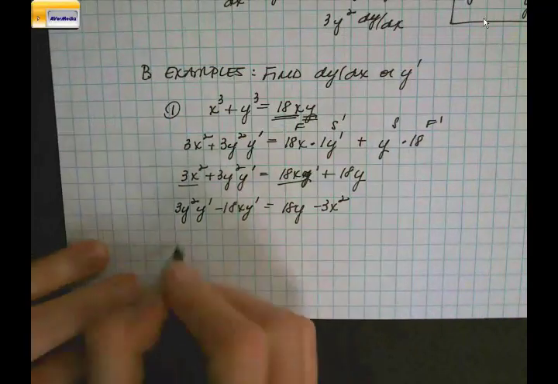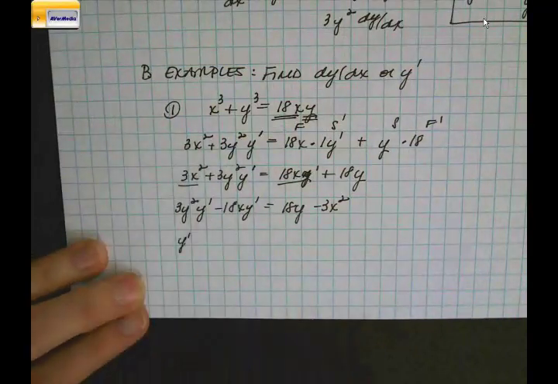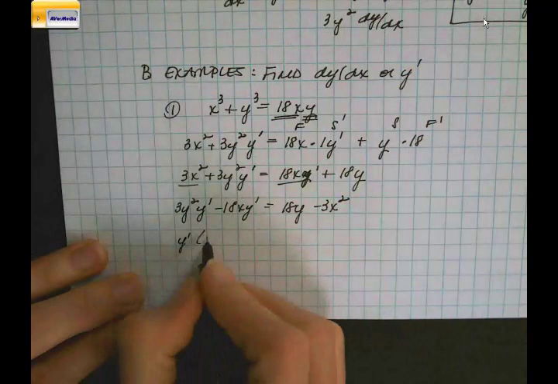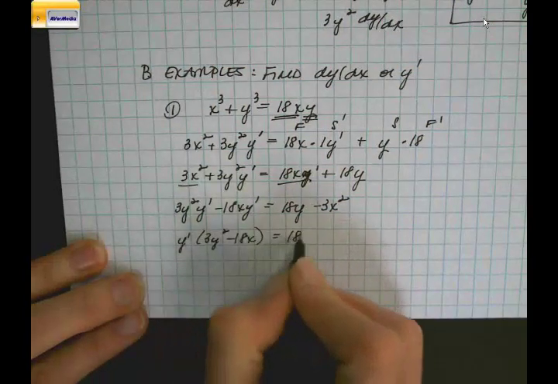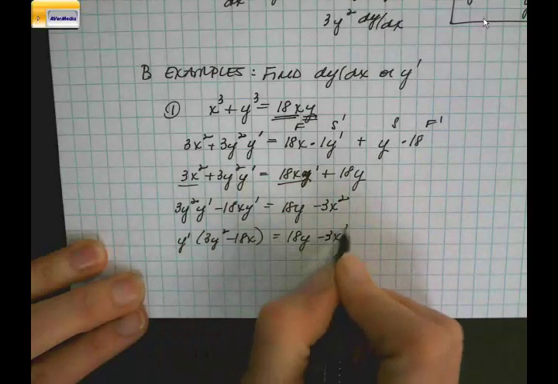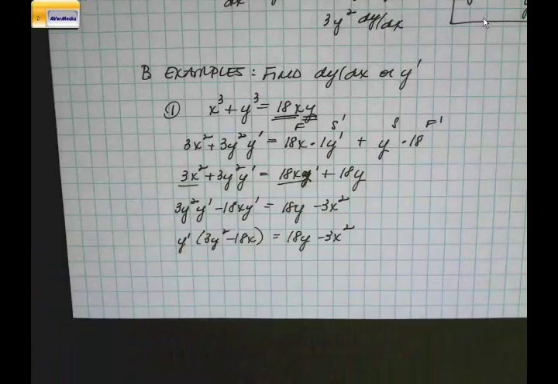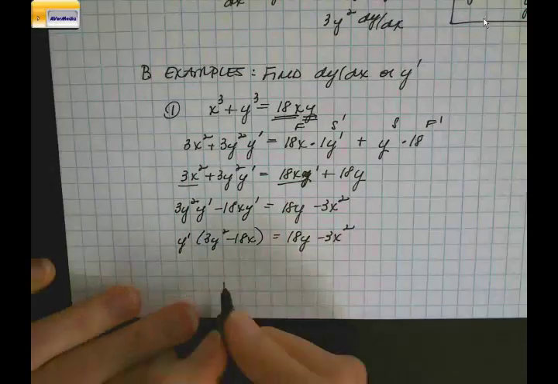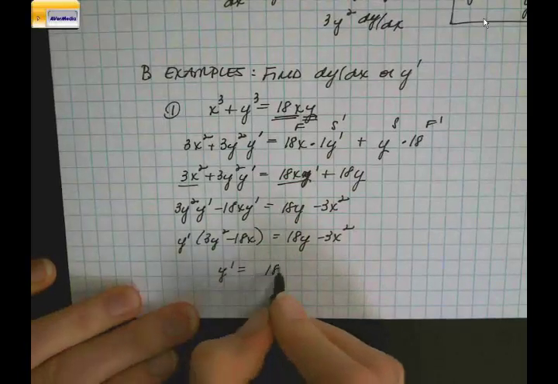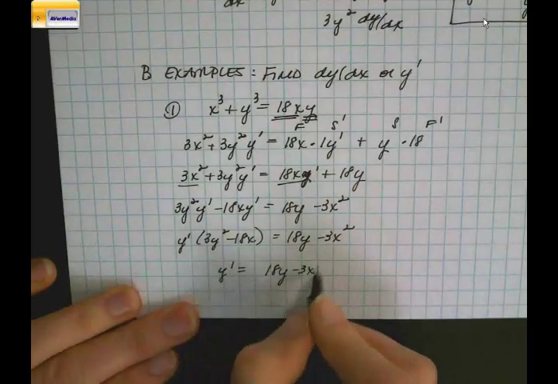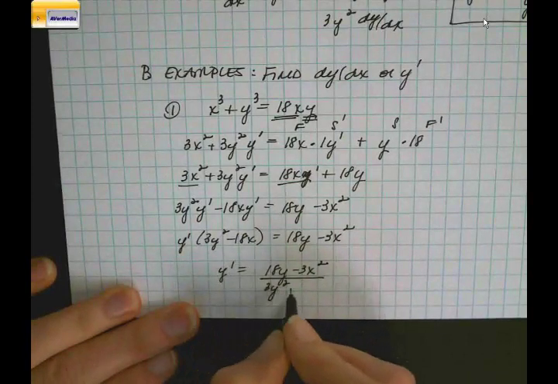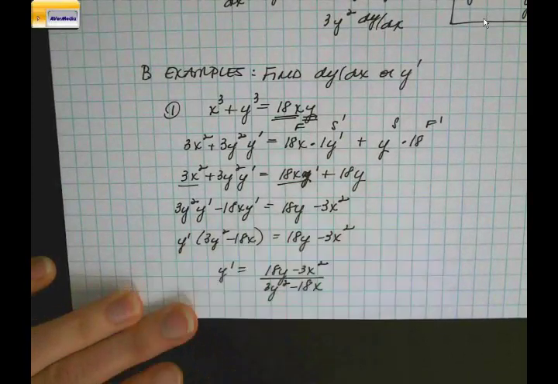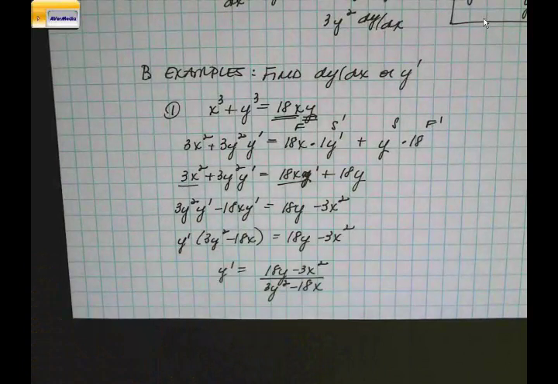Now when I factor a y prime out so I can get y prime a little more alone, this becomes 3y squared minus 18x. And now to write it as y prime equals, y prime will equal 18y minus 3x squared over 3y squared minus 18x, which, I think we could take a 3 out of every bit of that, couldn't we?